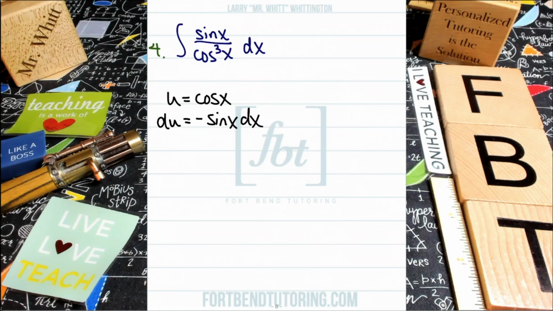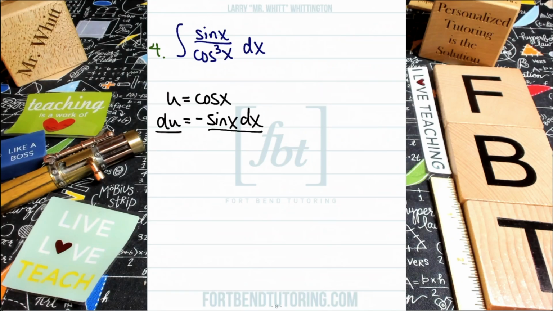Notice that this is close to what we have in our original integral, but it's not exactly the same. But remember, using your algebraic foundation, you can manipulate the equation to get exactly what you need. And so that means that in this case, you can either multiply both sides by -1, or you can do what I prefer, and that is to divide both sides by -1.